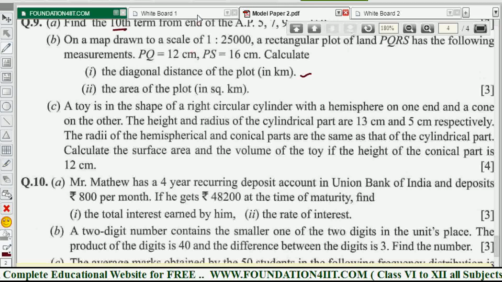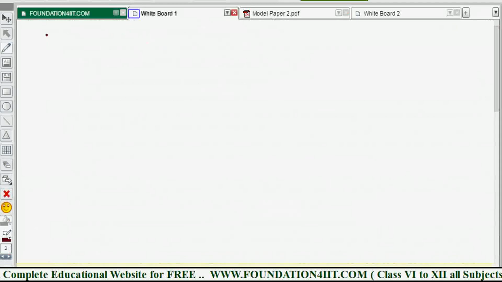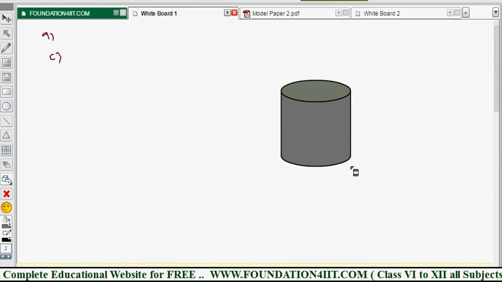Let me show you the diagram for this. So let's take the diagram. Cylinder, cone and hemisphere. So the cylindrical shape, and hemisphere and cone. So the cone is on top.